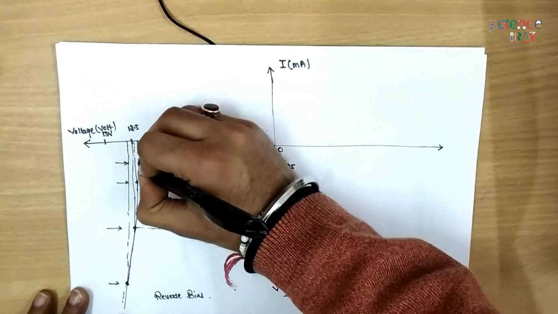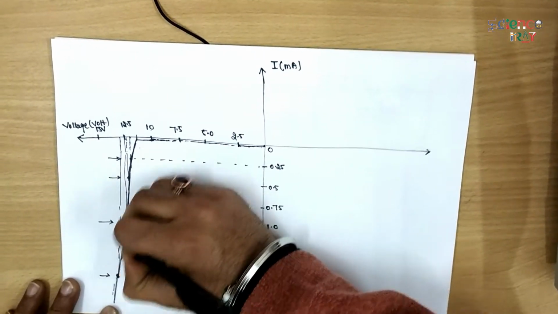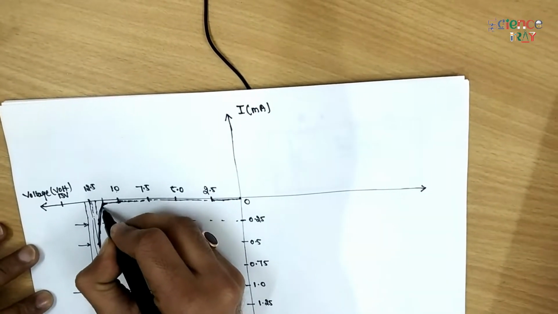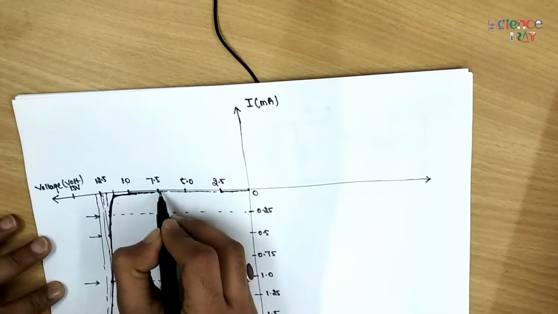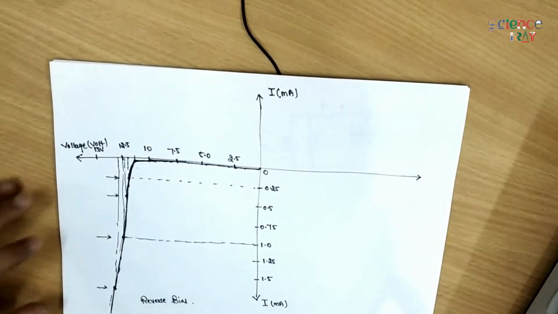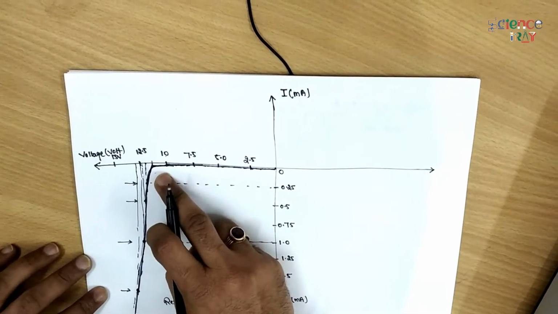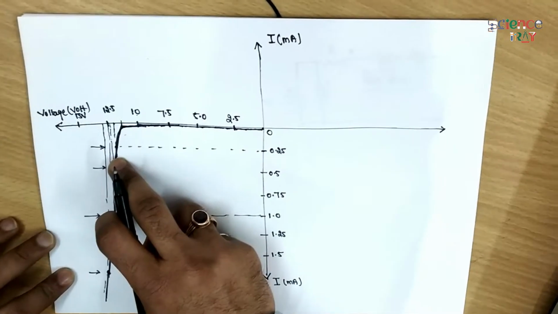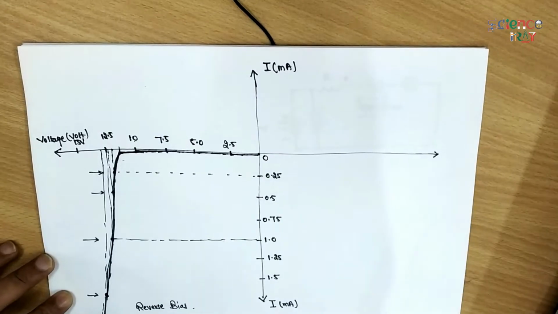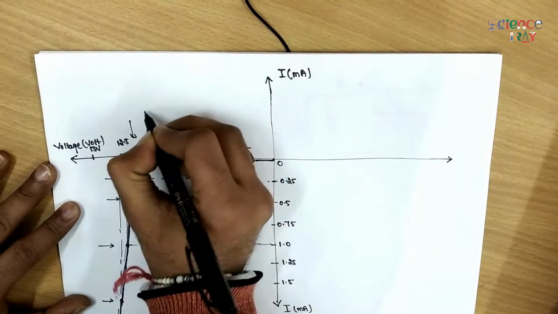This graph very clearly shows that at a certain point, when we increase the voltage, on very small changes the current increases abruptly. So some phenomenon has happened, and the phenomenon is called breakdown.